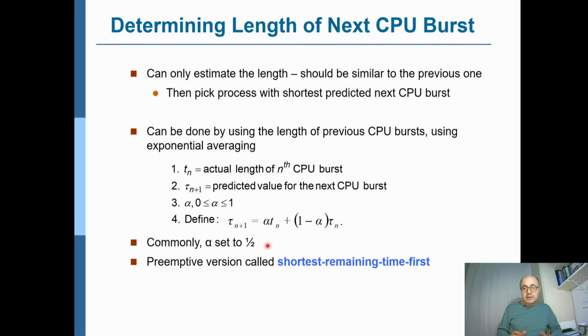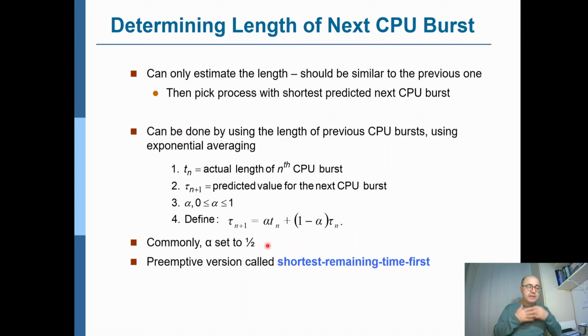Now, in the case of shortest job first, remember, we have the list of available processes at that moment, and we make our decision based on the next CPU burst and say we're going to execute these processes in this given order, whatever it is, like 4, 2, 3, 1. What if not all of the processes were available at the very beginning, but some of them come a little bit late?